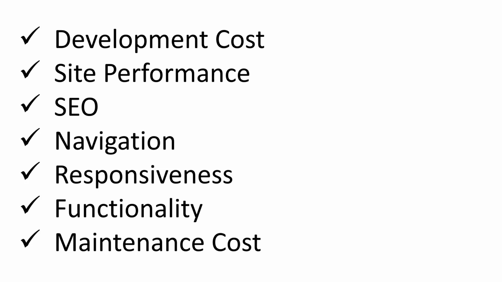Dynamic contents are retrieved from the database and adapt to the scenario, adapt to the browsers. It's adaptable. So dynamic content is better in terms of responsiveness and functionality. Static content has static function. So in terms of functionality too, dynamic content is much better.